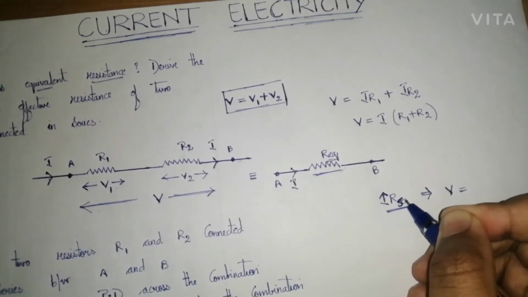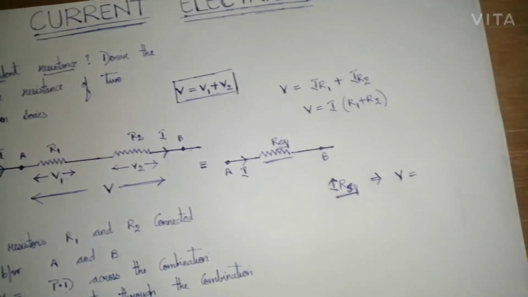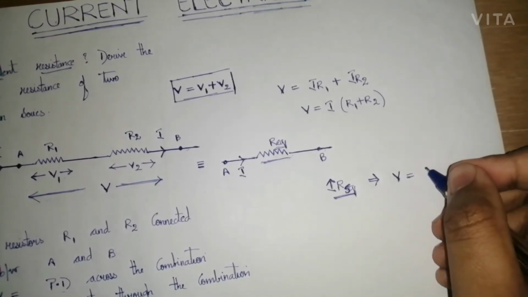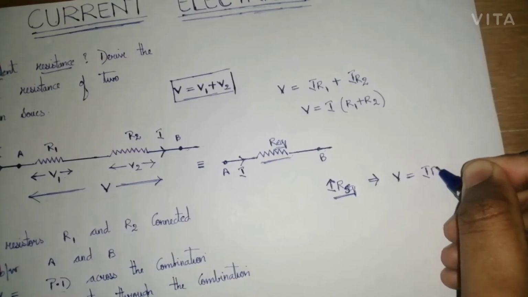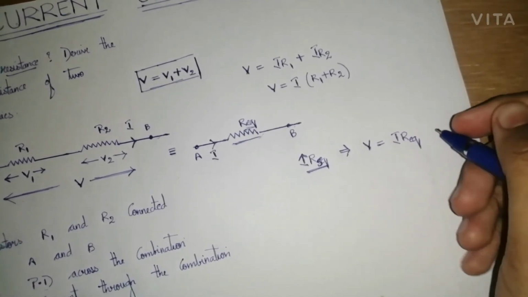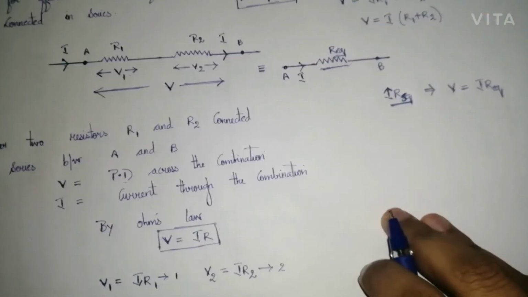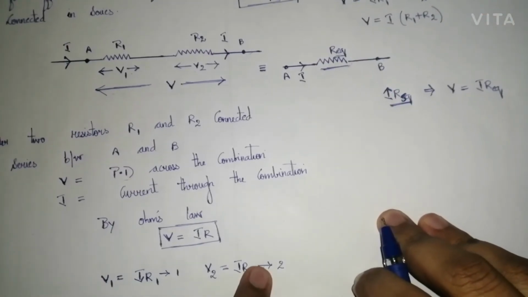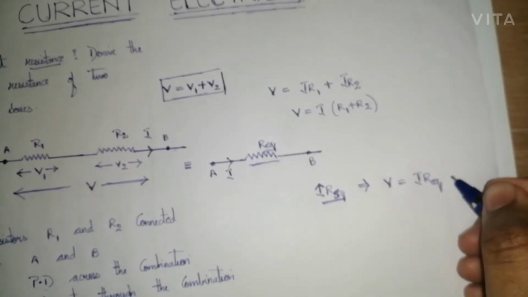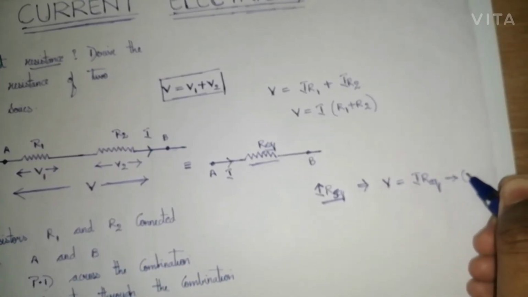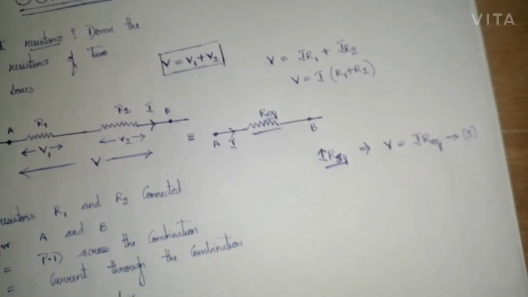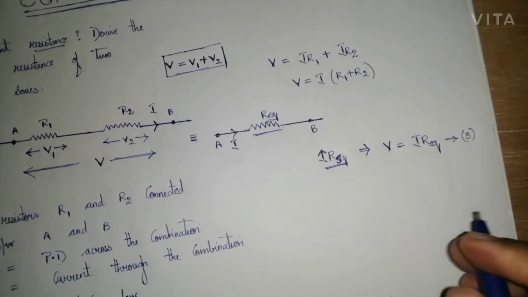You can write it as R equivalent also, or R in series, it's your wish. So you can write V as I into R equivalent. This was your equation 1 and equation 2, and after this you can call it equation 3.